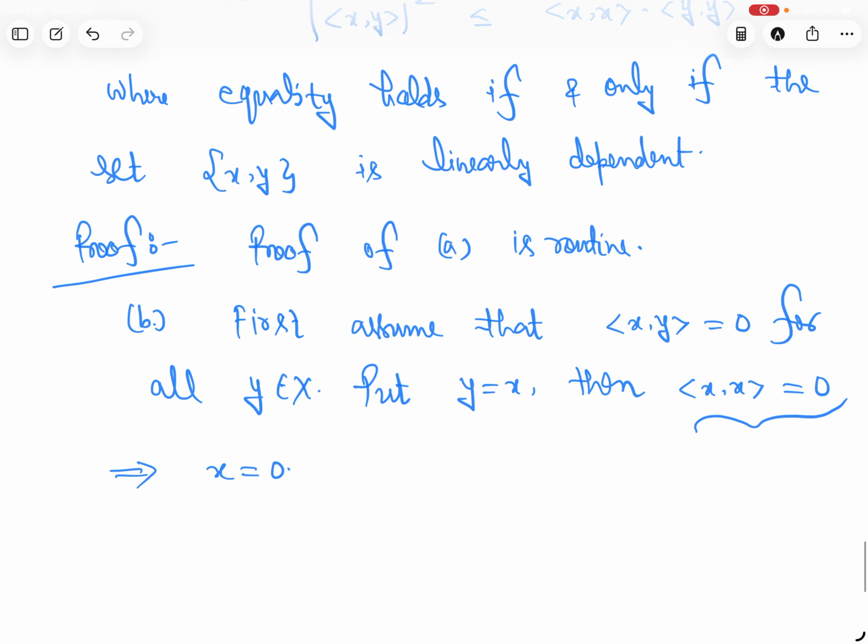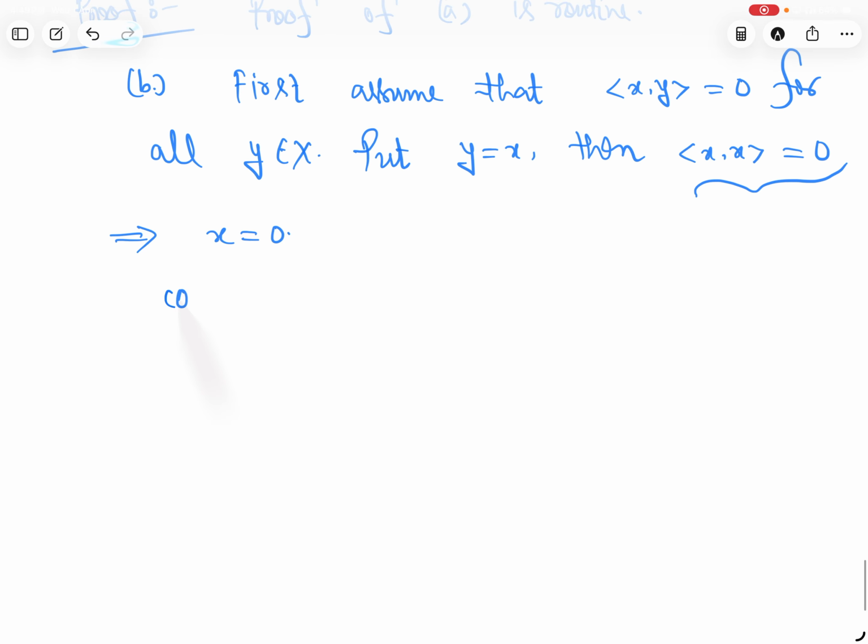Now conversely, assume that x is equal to 0.